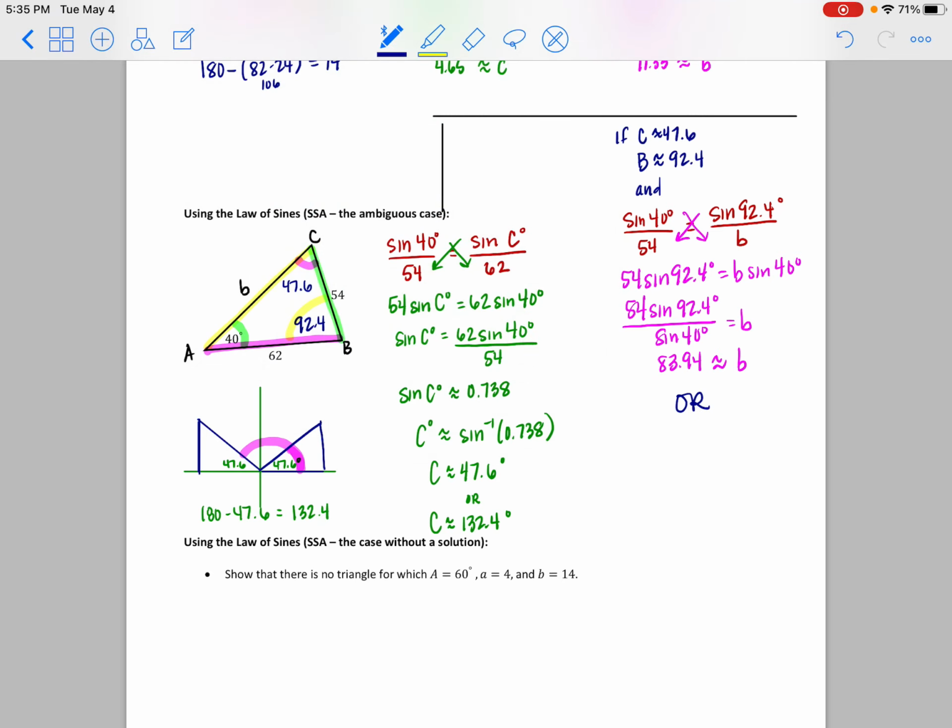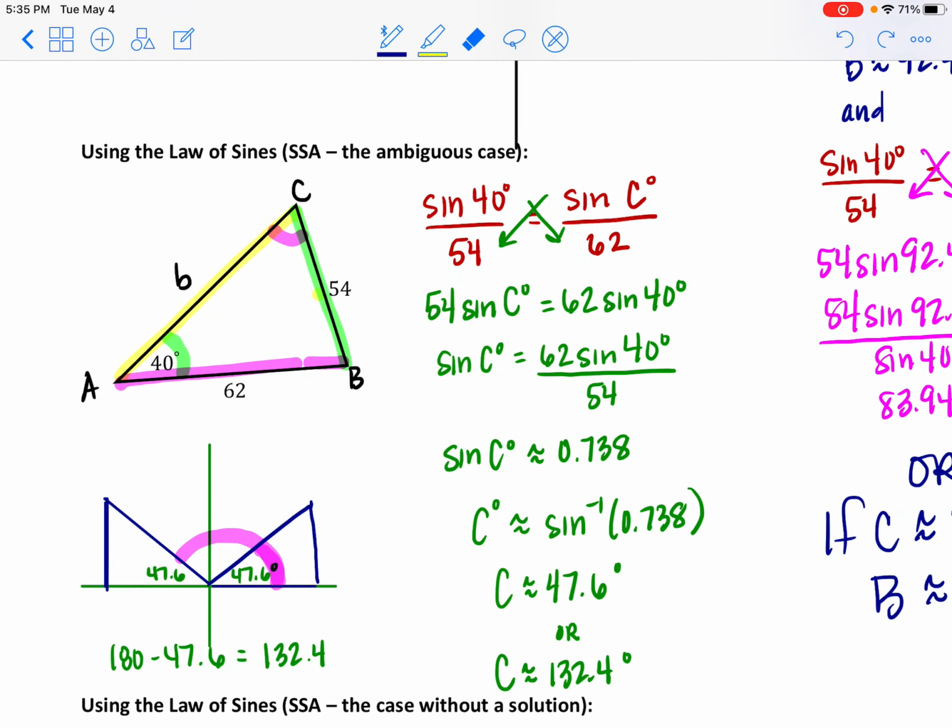Or we could say if C is approximately 132.4, then B would be approximately what? Let me get rid of this one now. So if this was 132.4, what would be left there?